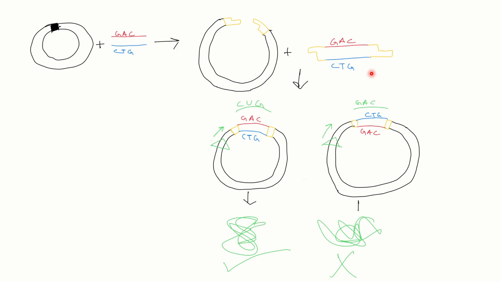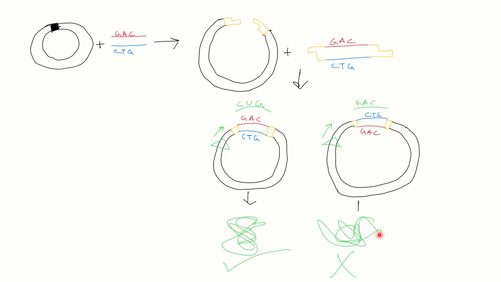But if our gene of interest is ligated with the vector in a reverse orientation, in that case the lower strand, or blue strand, will act as a template. So the mRNA will be transcribed in a reverse orientation, and from this mRNA an altered version of the protein will be translated, or no protein will be translated.